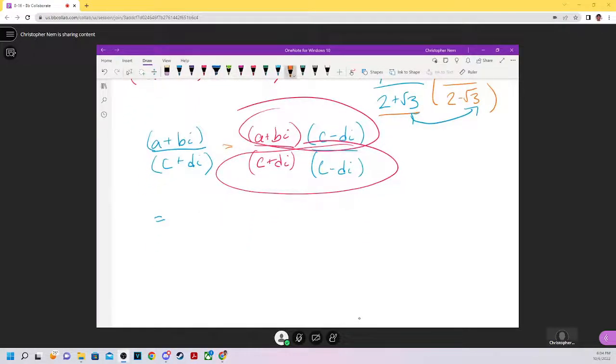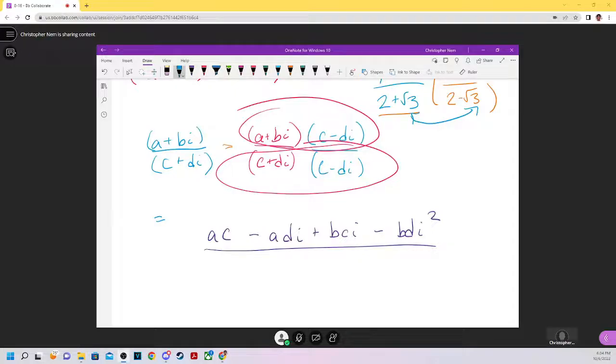So if I FOIL this together, for the numerator I get ac minus a times di, plus bci, and then minus bdi squared. All over, and all I did was distribute.